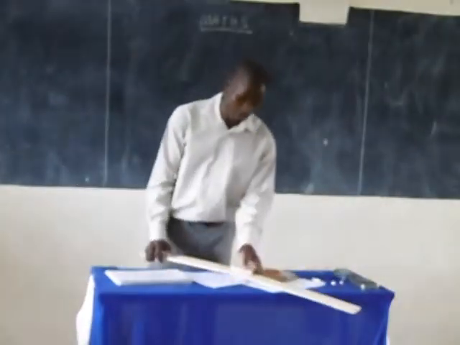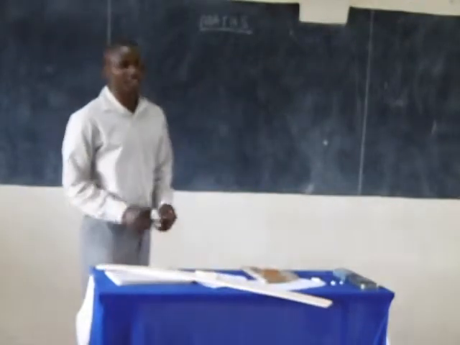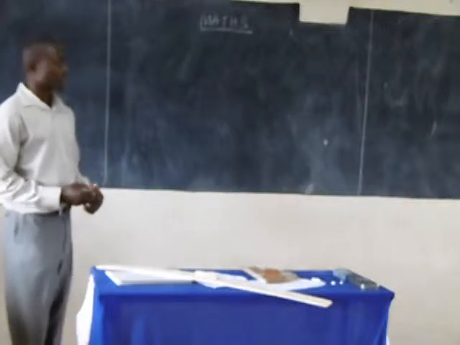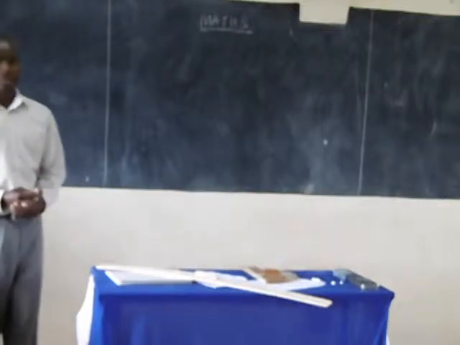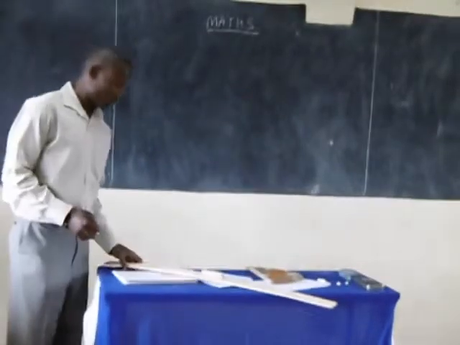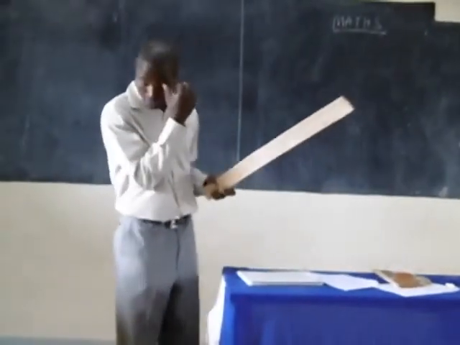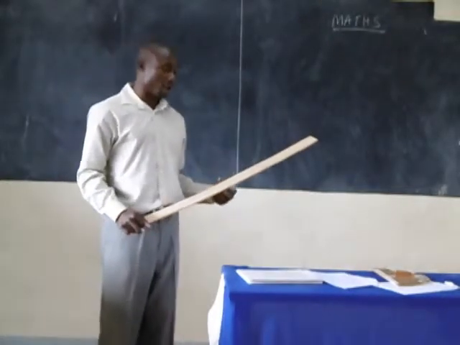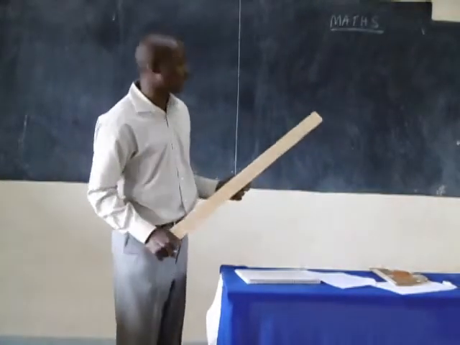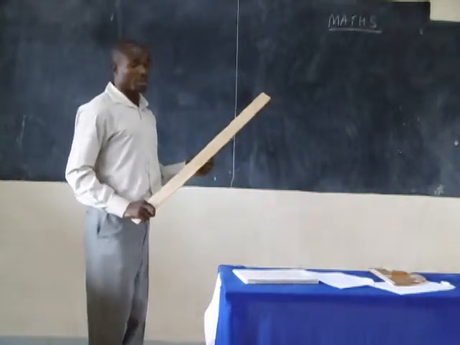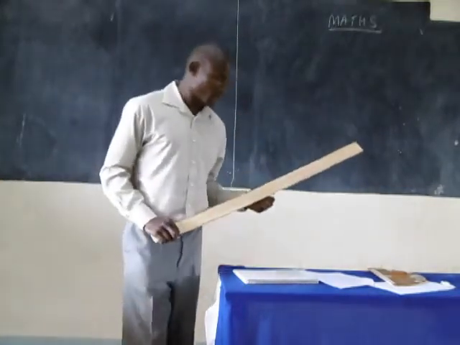Can you remember what we learned yesterday? Good. Can somebody remind us on what we learned yesterday? Yes. In geometry, you learned about complementary angles. And do you remember what we did yesterday?